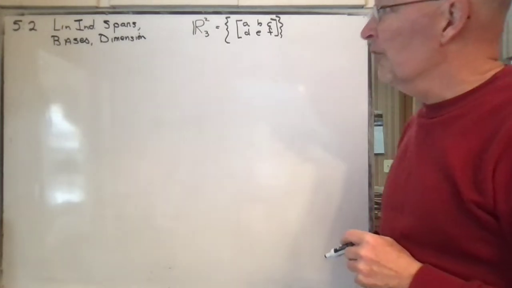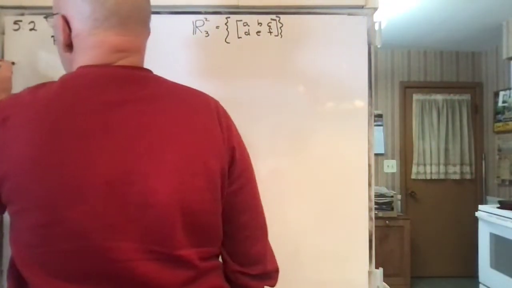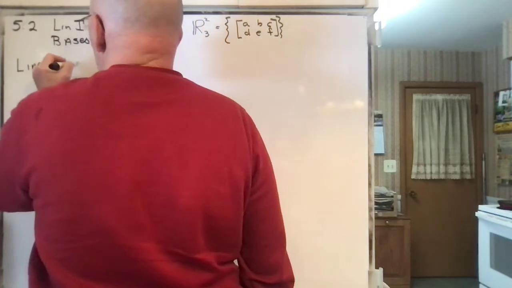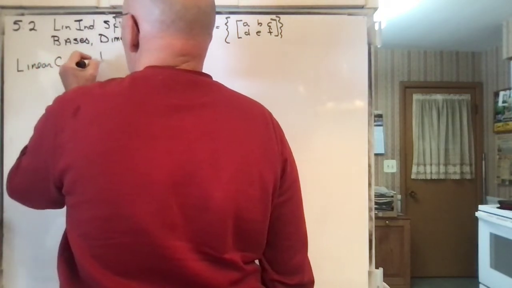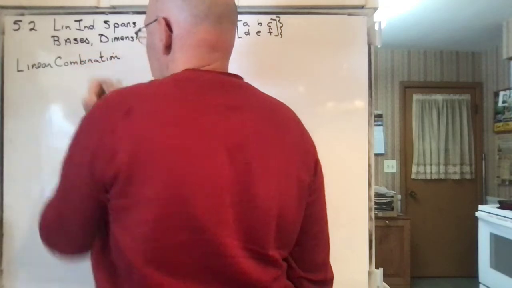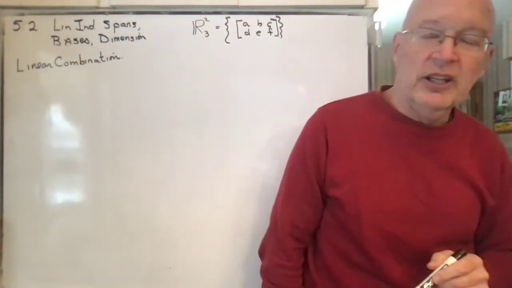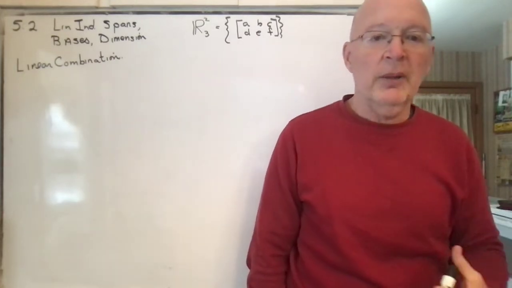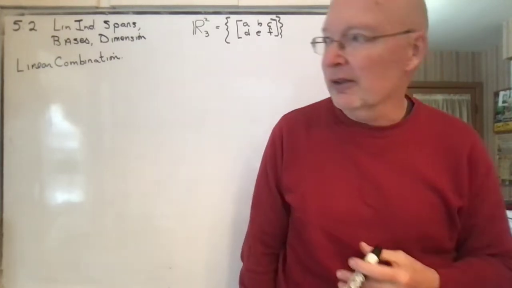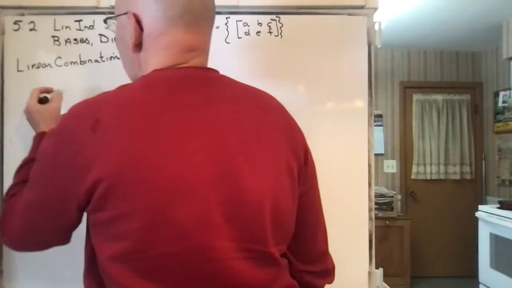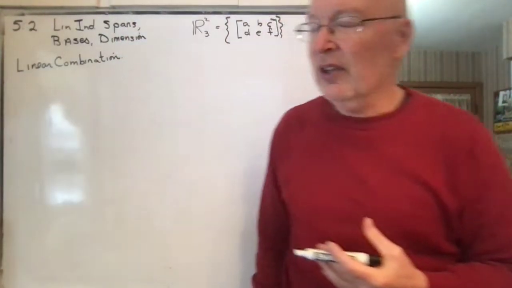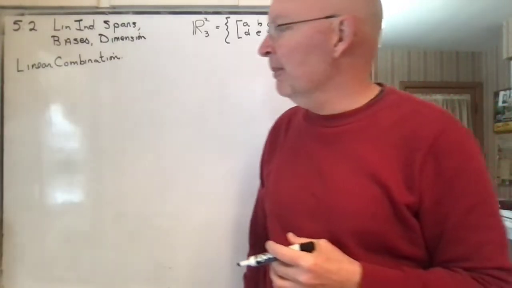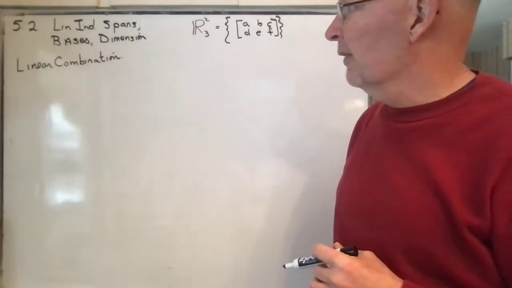Okay, so the first thing I want to define for you is the idea of a linear combination. And I'm following the textbook here. A linear combination is what you get by just doing what you can do with vectors. What can you do with them? You can multiply them by scalars, and you can add them together. So for example, I'm always going to use x's as vectors, and letters towards the beginning of the alphabet, a, b, c, for scalars.